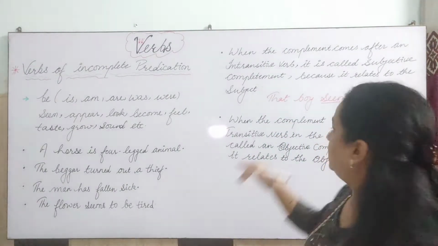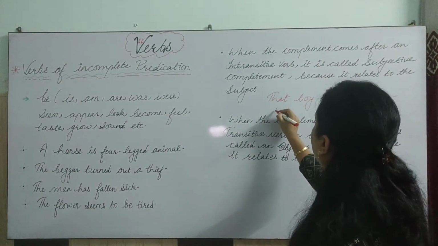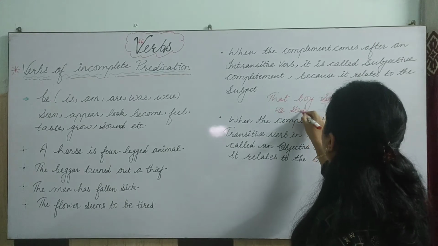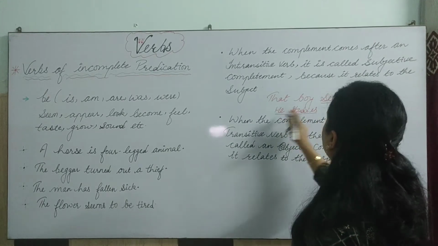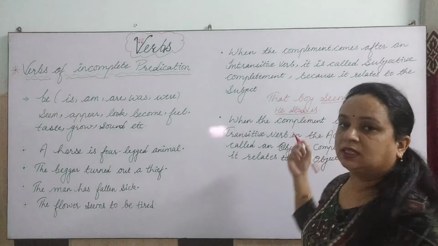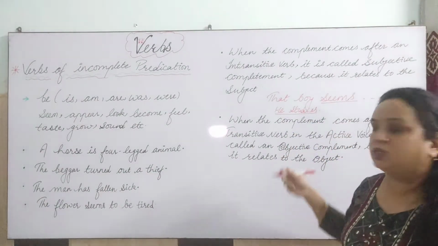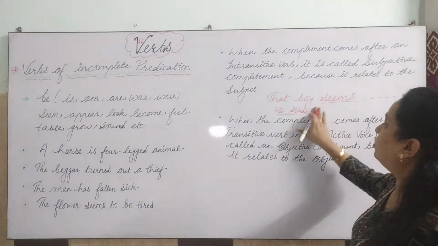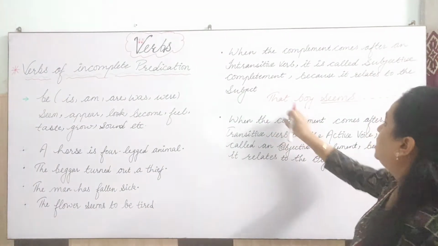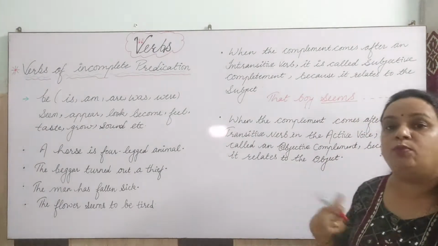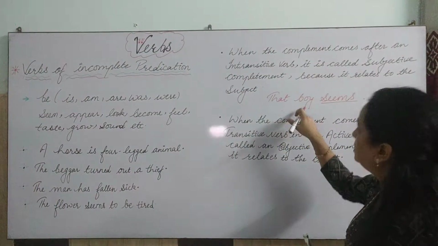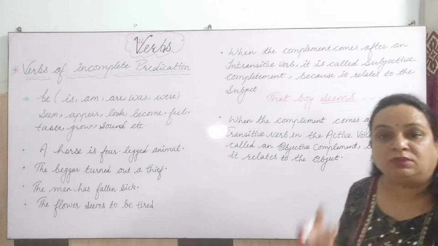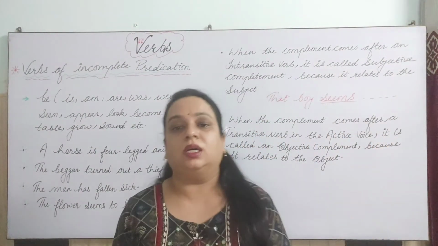"That boy seems" is an incomplete sentence. But if I say "he studies", this is the subject and this is the verb, and there is no need of any complement or object because this sentence gives the complete sense. But in "that boy seems", "that boy" is the subject and "seems" is the verb, but here we require something which can give us the sense.